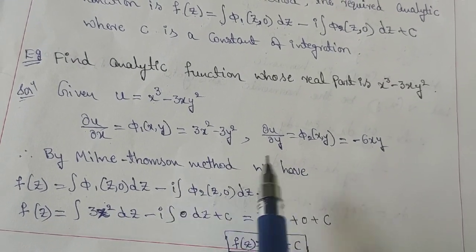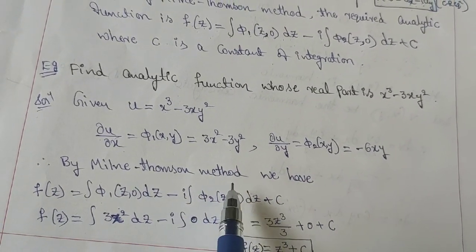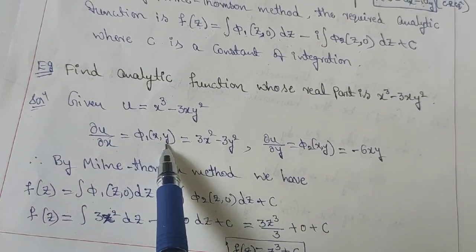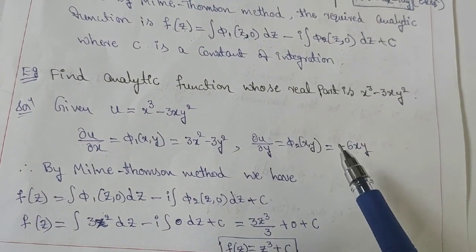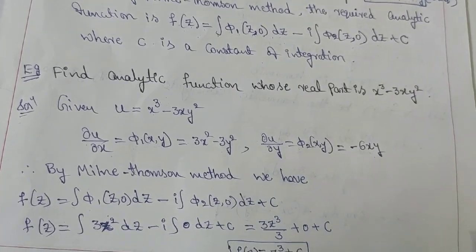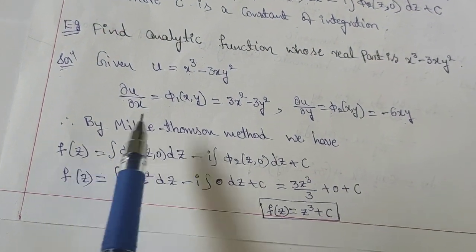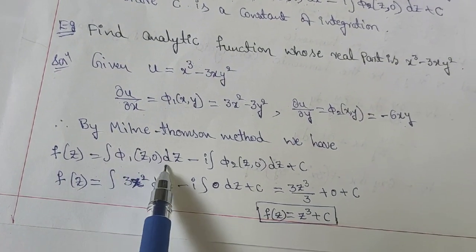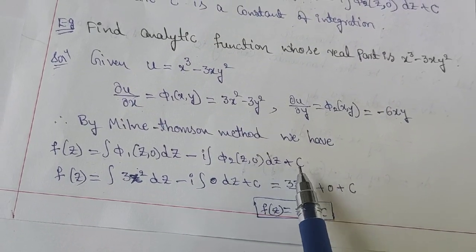Then in step 3 we substitute these values in the function f(z), mentioning the value of ∂u/∂x as phi 1 of (x, y) and ∂u/∂y as phi 2 of (x, y). The required analytic function by the Milne-Thomson method is f(z) = integral of phi 1 of (z, 0) dz minus i times integral of phi 2 of (z, 0) dz plus c.